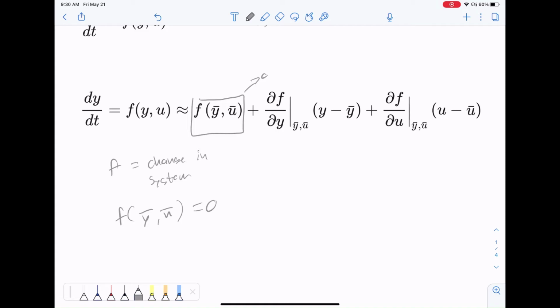So we can simplify our equation one step further, that alpha can go to 0 if we make sure that our x bar or y bar, whatever is within our deviation variables and wherever we're taking our measurements, is at steady state conditions.